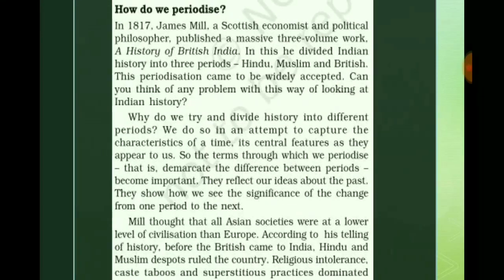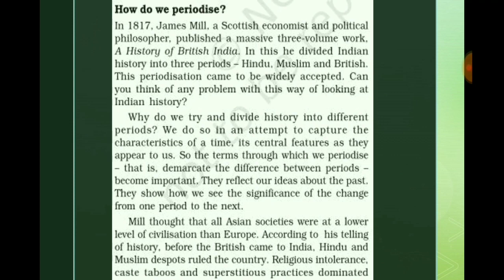Now one approach was that of James Mill in 1817. Who was James Mill? He was a politician and a philosopher, and he divided Indian history into three periods: Hindu, Muslim and British.